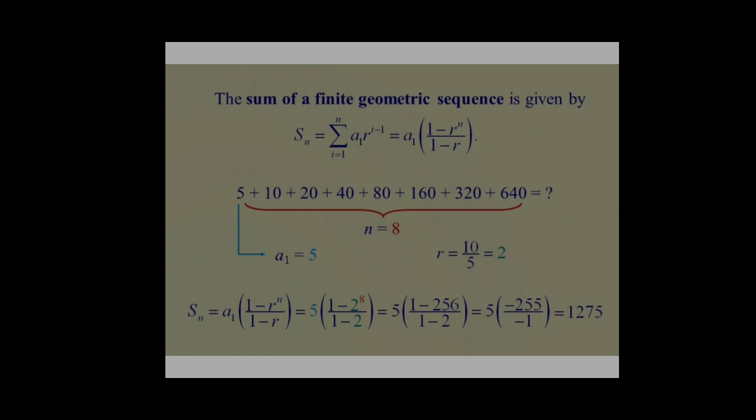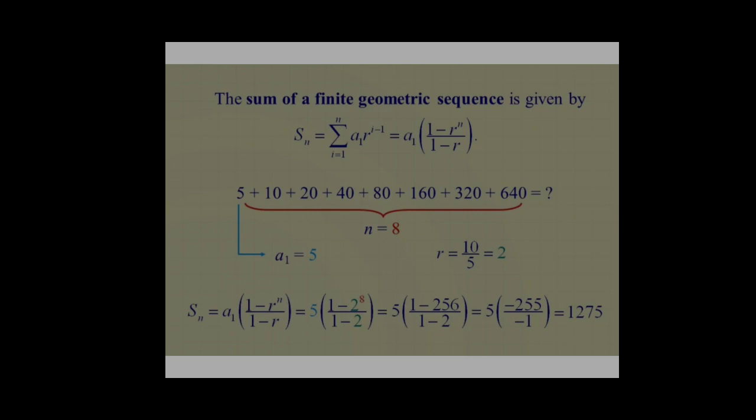So for example, this is a finite sequence because it has a last term, which is 640. The terms are 5, 10, 20, 40, 80, 160, 320, and 640. There are 8 terms, which is n. So a sub 1 is 5 and a sub 8 is 640.